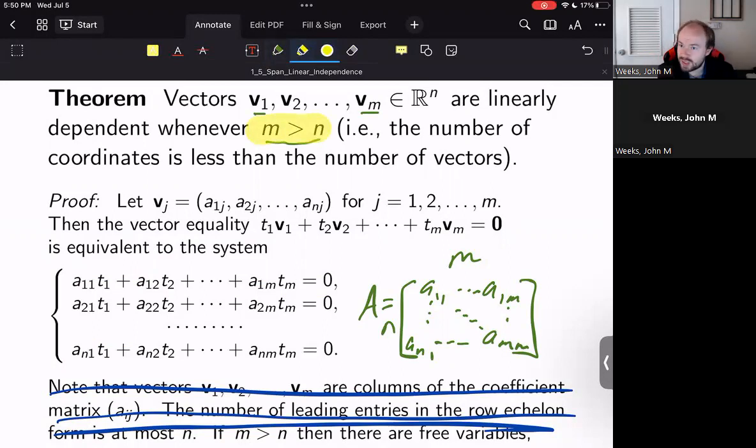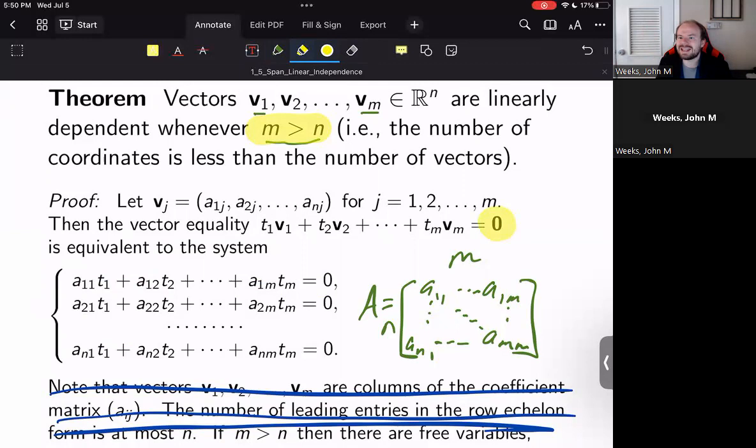Well, when I go through and try to do row echelon form, what's going to happen? I'm going to eventually run out of places to put pivots. So I'm either going to get a system of equations that doesn't have a solution, which by the way is not possible because this is all equal to 0, and we know from our subspace slideshow that you can always just set all the t1 through tm equal to 0 to get a solution here.